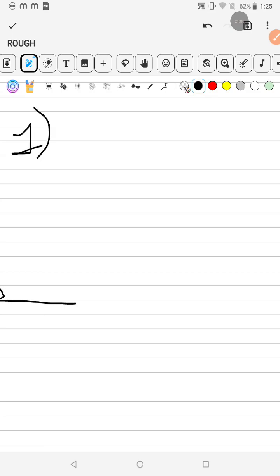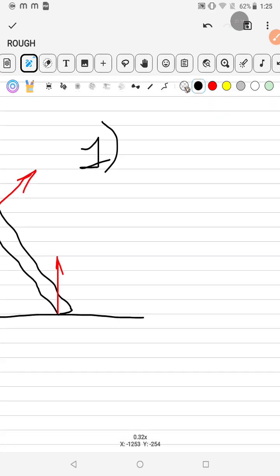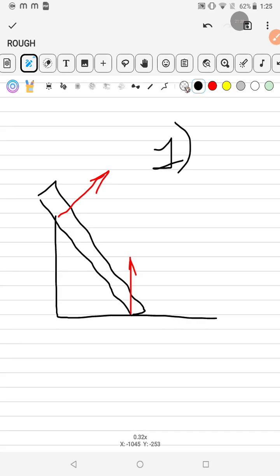First rule is: on the body where the normal is acting, that body will go away from the surface. That is, if the normal is applied like this on the rod, the rod will move away from the floor.